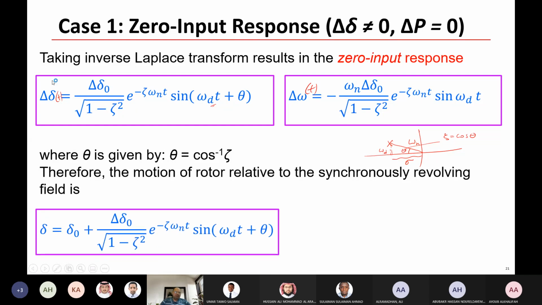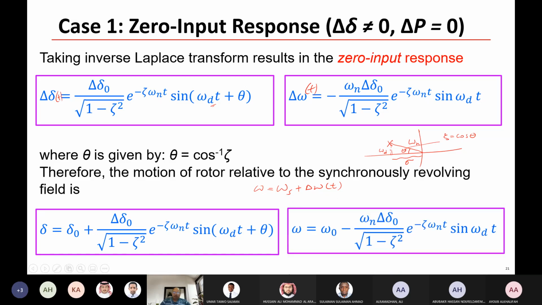Therefore, the motion of the rotor relative to the synchronously revolving field is, of course, delta. This is a change in the angle. If you add the change in the angle to delta 0, you get the total angle. And similarly, you can take the steady-state omega s and add delta omega of t to get the speed of the machine: omega s equals omega 0, as we mentioned earlier, plus delta omega of t.